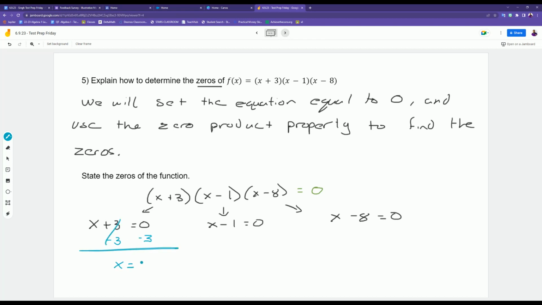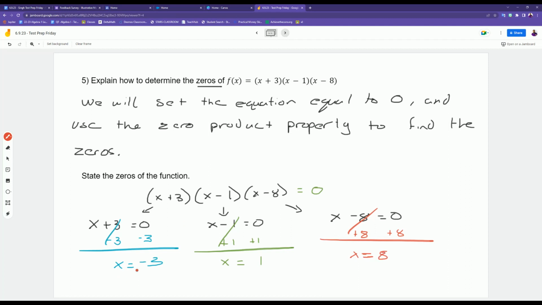x equals negative 3. For the other one, we're going to add 1 to both sides. x equals positive 1. And for the last one, we're going to add 8 to both sides. We're going to do the inverse operation. x equals 8.